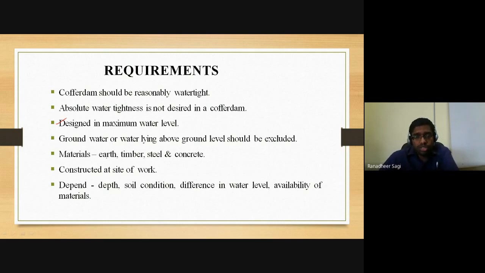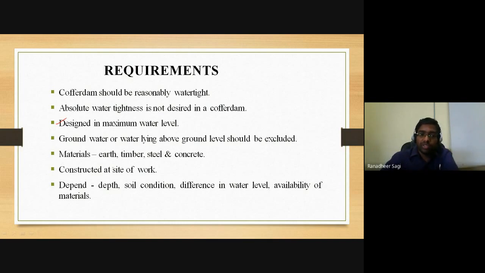You will be making use of different types of materials. It could be timber, earthen material, steel, RCC, or plain cement concrete, whatever material is available and suitable for that particular construction, depending on the velocity with which the water is flowing there and the depth of water flow existing there.